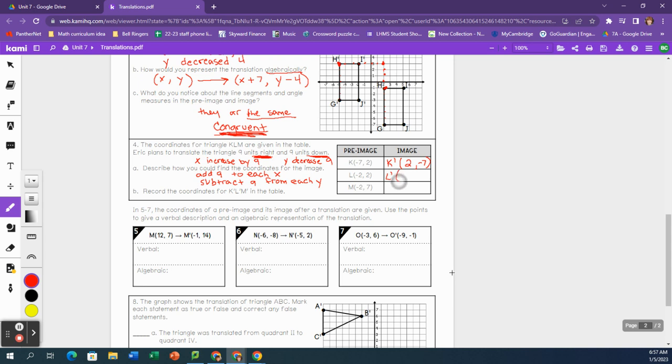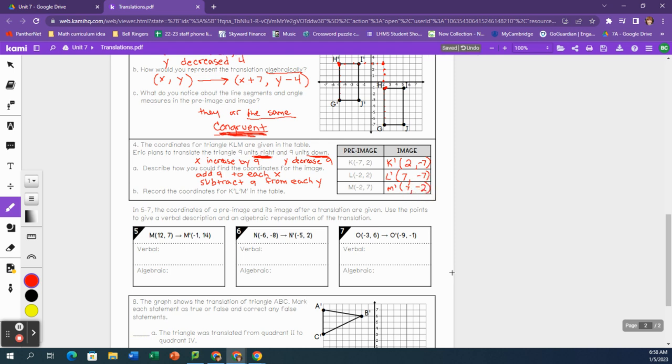L prime, again, -2 plus 9 is going to be 7. And 2 plus 9, or minus 9, is going to be -7. And then M prime, again, you're going to add 9 here, subtract 9 here. So we're going to be 7, -2.